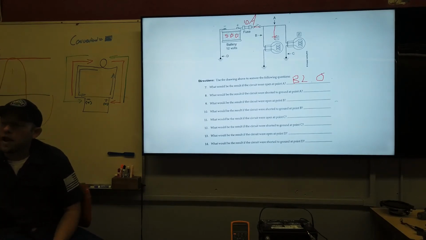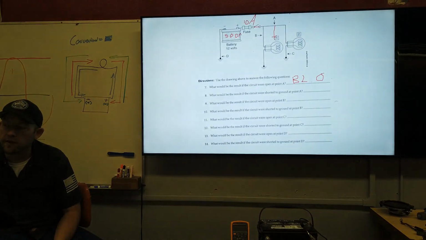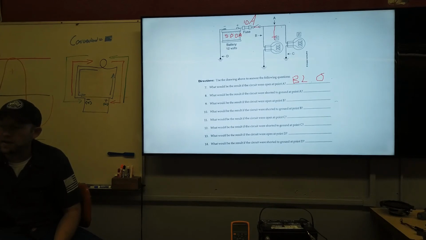And so, again, electricity, more electricity will want to flow where there's less resistance. So the vast majority of that 500 amps from this battery is going to want to go here. Some will go down this path, some will also get on this path, but the majority is going to go here. And once we exceed 10 amps, then we blow that fuse, and then both are out.